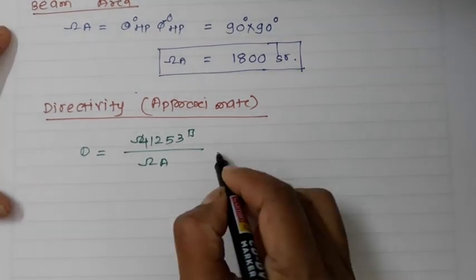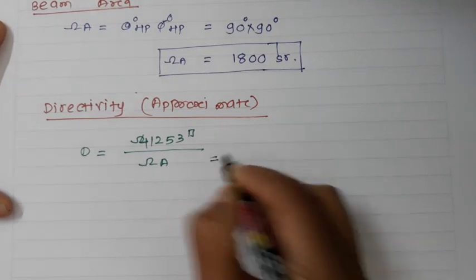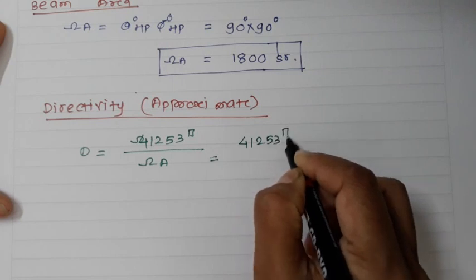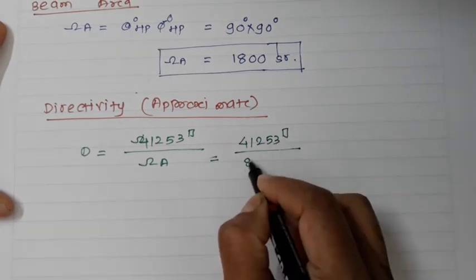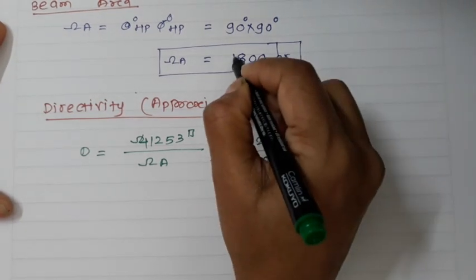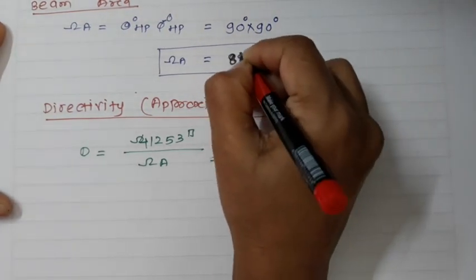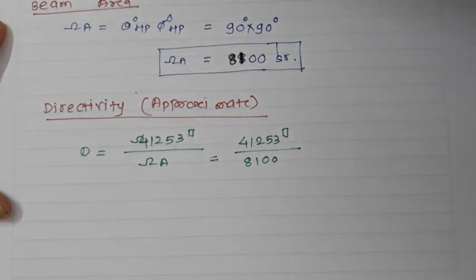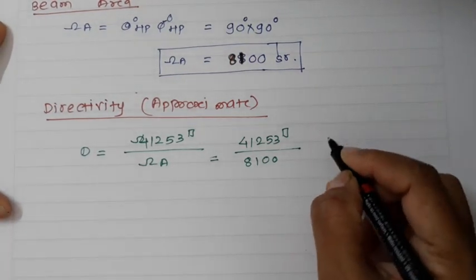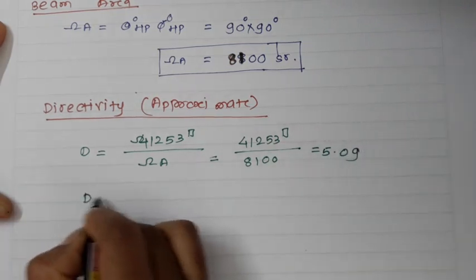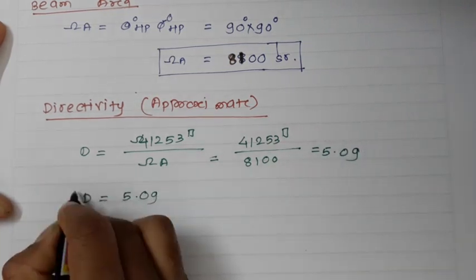If you put all these values for this antenna, you can write 41253 square degree divided by 8100. So this directivity comes out to 5.09. So I'll mention this 5.09.